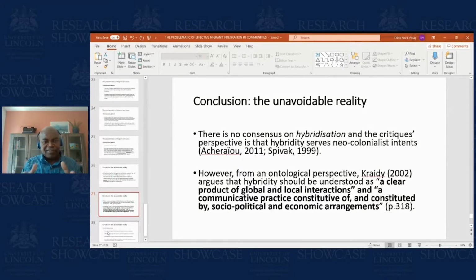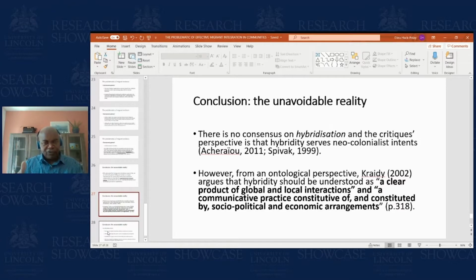And hybridity then becomes possibly a new framework, because integration tends to pose the problematic of one side being superior to the other. But hybridity, or hybridization, according to Rao and Spivak, talks about really bringing people together and allowing people to bring something to the table. So we are recognizing equality, if you want.